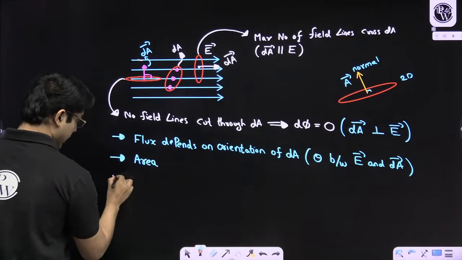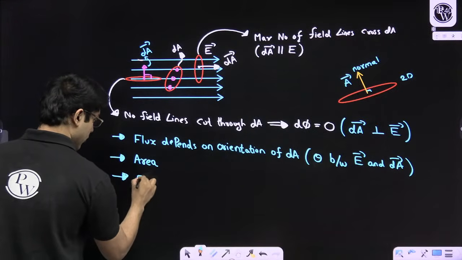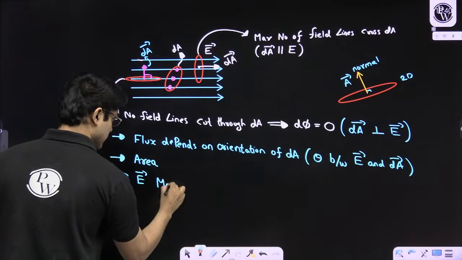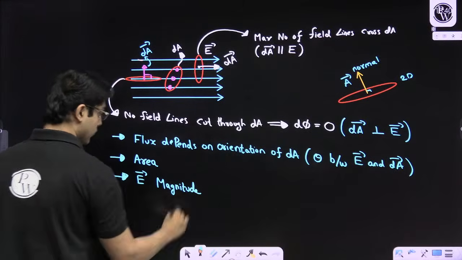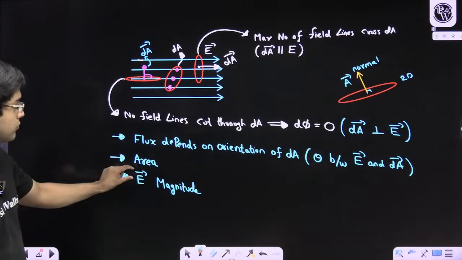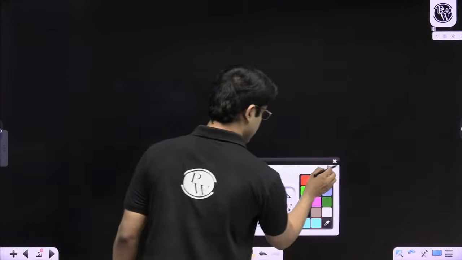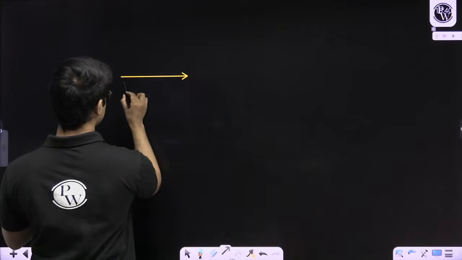Then the third and the final thing is how strong the electric field is. So you can also say electric field magnitude. This is the third thing it depends on. And to understand this, we can use a fact we learned in the last class: the stronger the field, the greater the density of field lines.